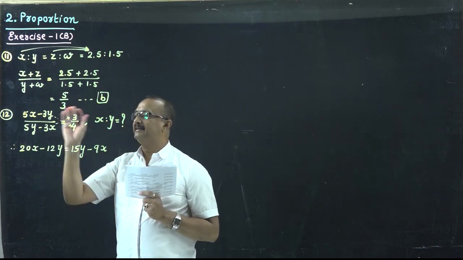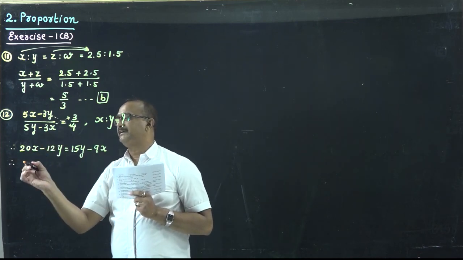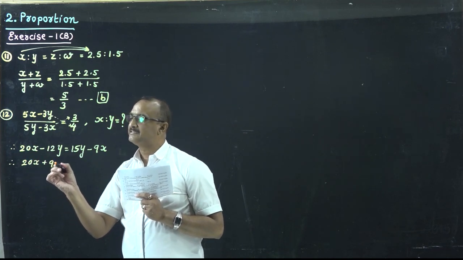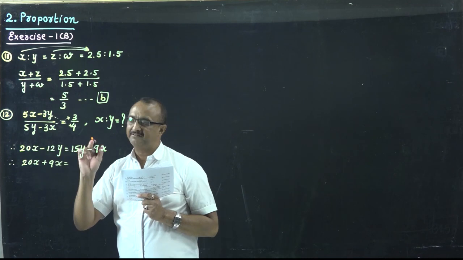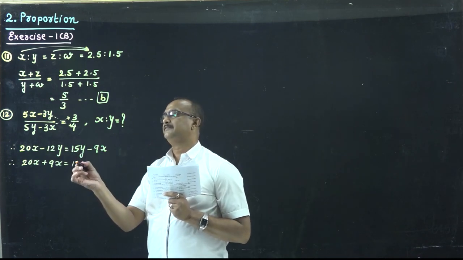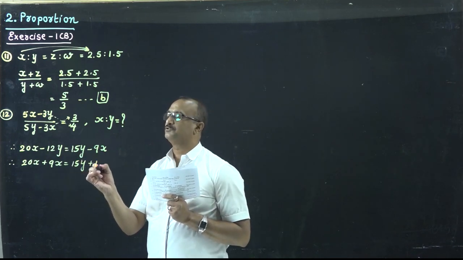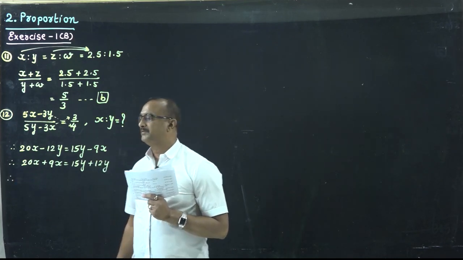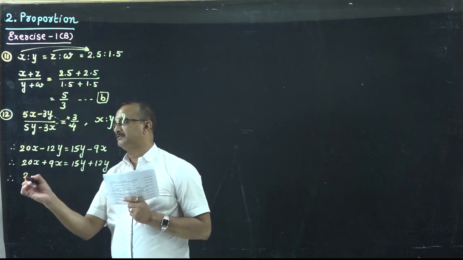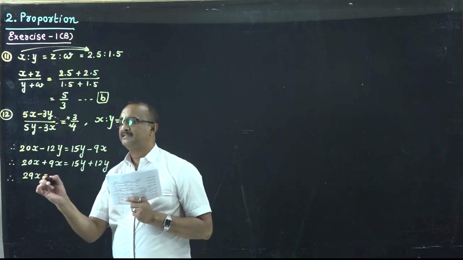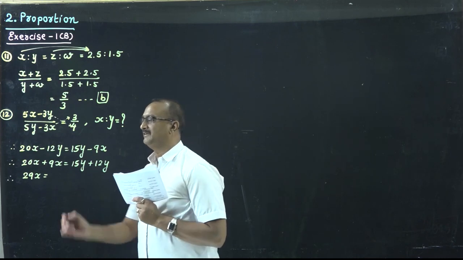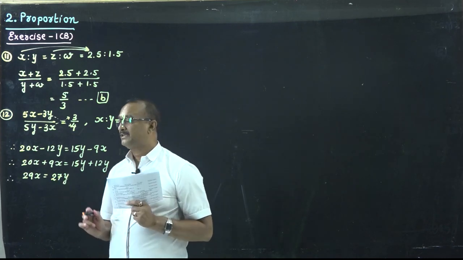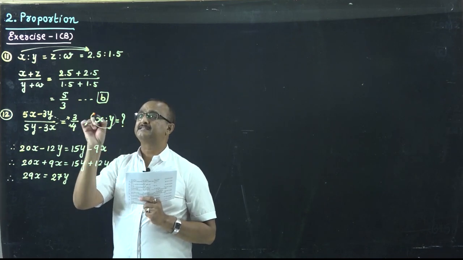Okay, moving 9x to the other side, 20x plus 9x is equal to, moving 12y to the right side, 15y plus 12y. 20x plus 9x is 29x and here 15 plus 12 is 27y.